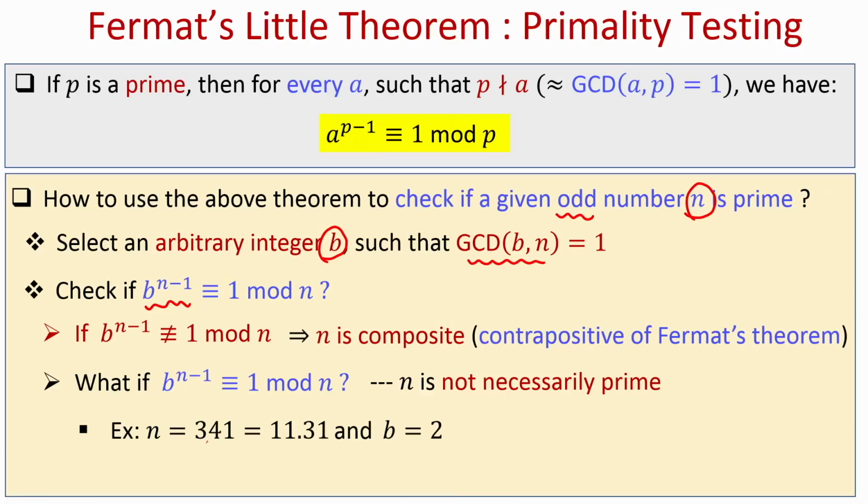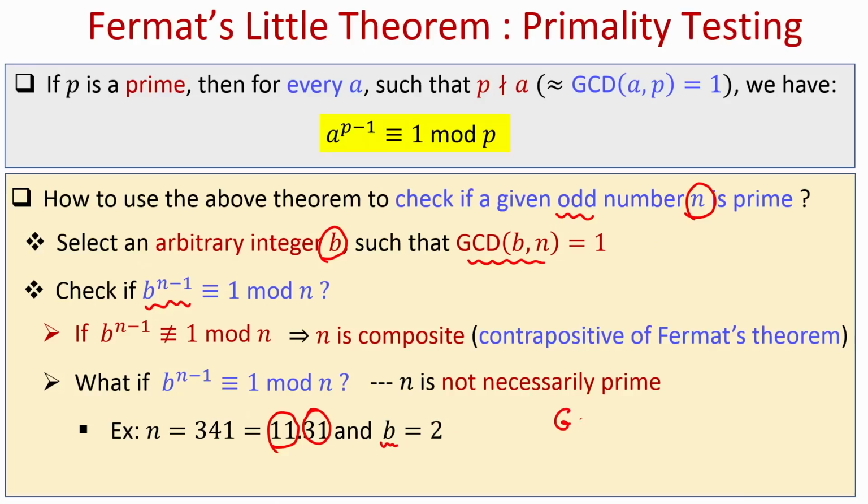So, here is a counter example. Imagine your given n is 341, which is an odd number and which is not a prime, it is a composite number, because the number 341 has factors 11 and 31. Now, suppose when you run this primality testing algorithm for n equal to 341, you pick your b to be 2.